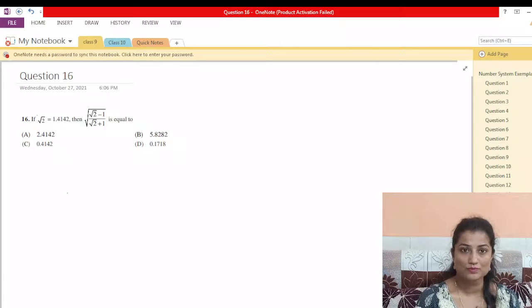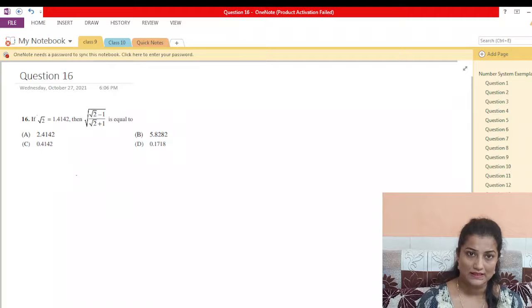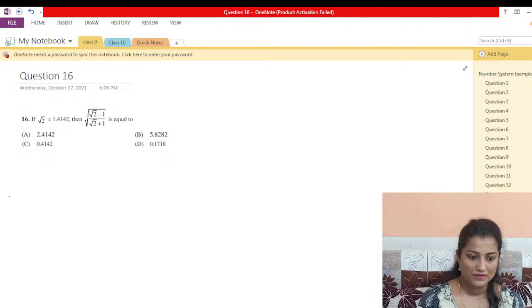Don't try to put in the value first. First solve the expression by rationalizing the denominator, and then at last we'll put in the value. So first we'll solve this as whole root of root 2 minus 1 upon root 2 plus 1.